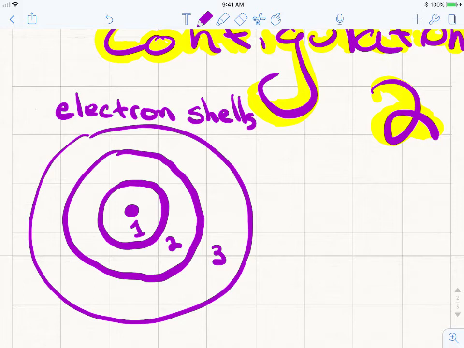So here we're going to be looking at a 3D model. And with a 3D model, the big difference is that we're not just going to be talking about shells, we're going to be breaking it down into smaller components that we're going to be calling subshells.